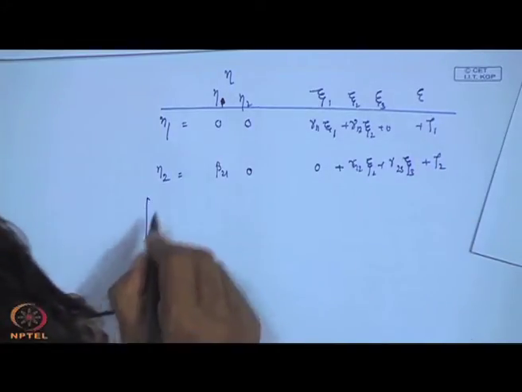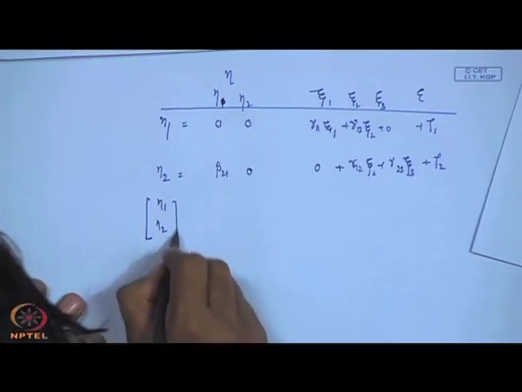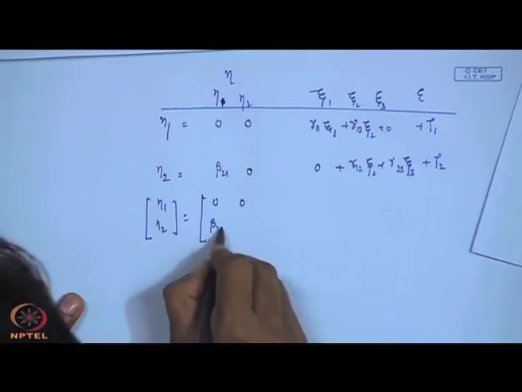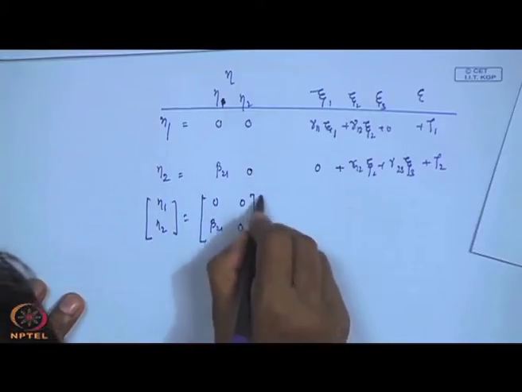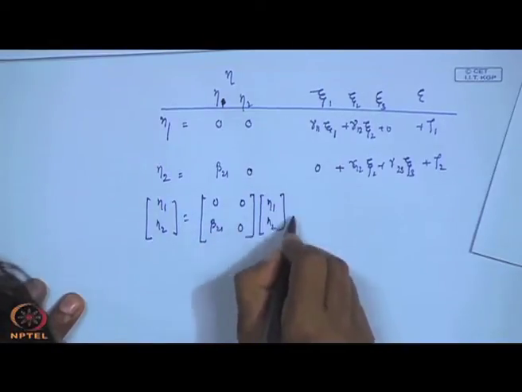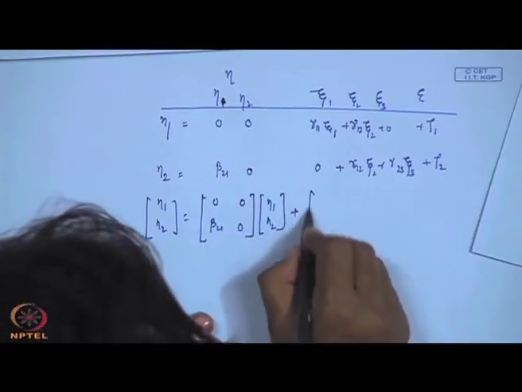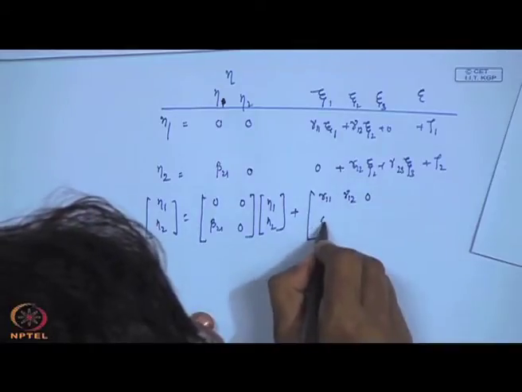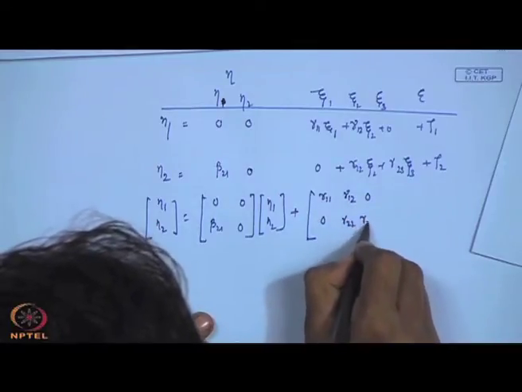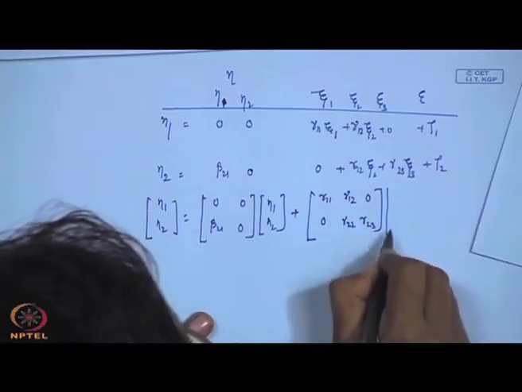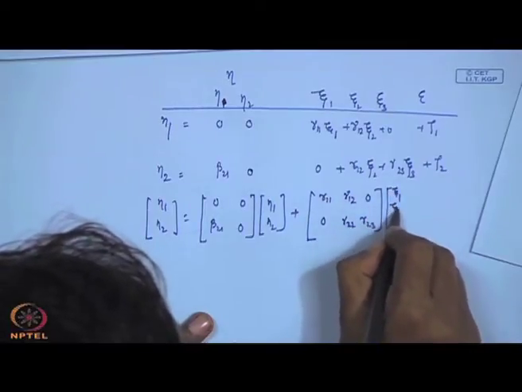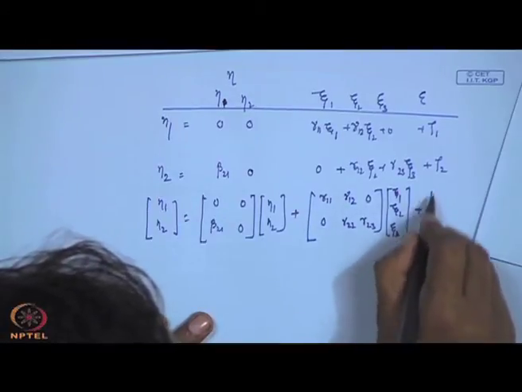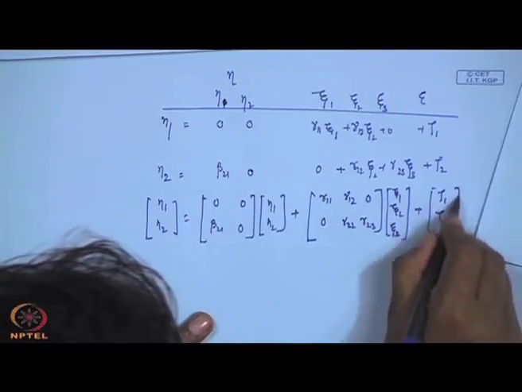Then what is your matrix? Eta 1, eta 2 equal to 0 0 beta 2 1 0 times eta 1 eta 2, plus you are getting gamma 1 1 gamma 1 2 0 0 gamma 2 2 gamma 2 3 into xi 1 xi 2 xi 3 plus zeta 1 zeta 2.